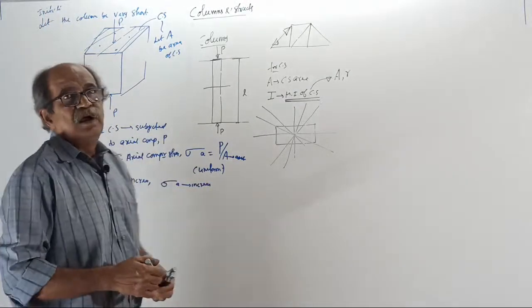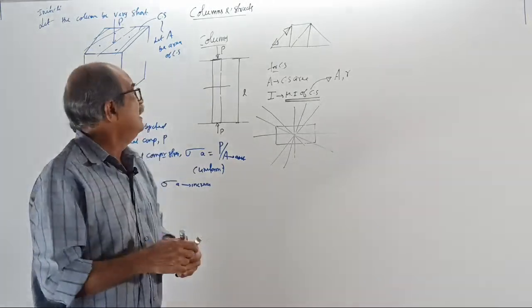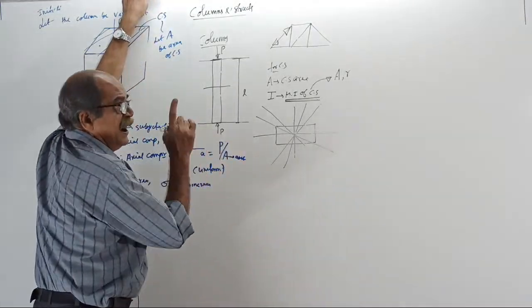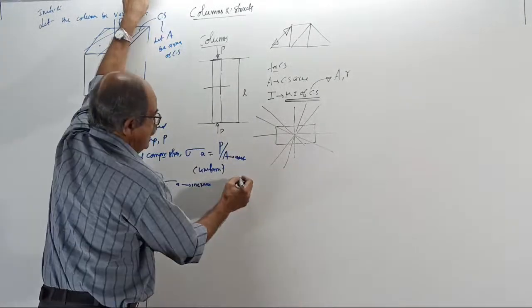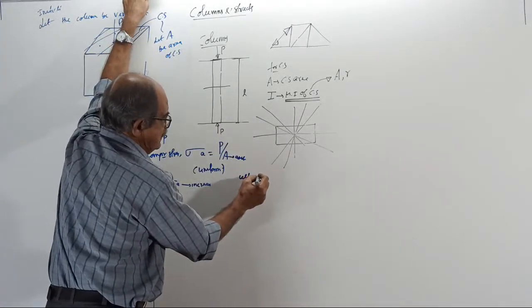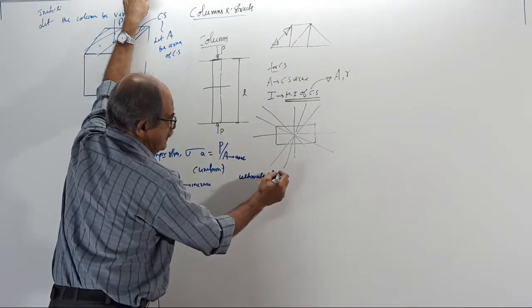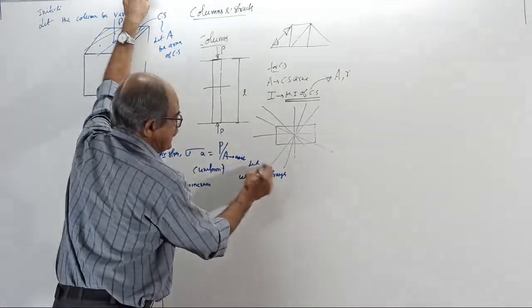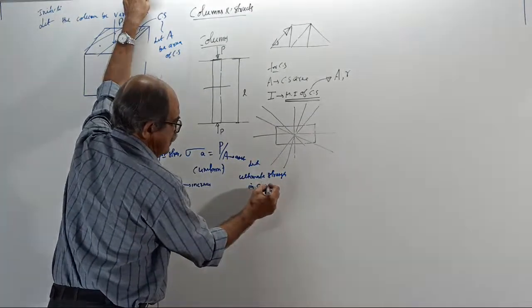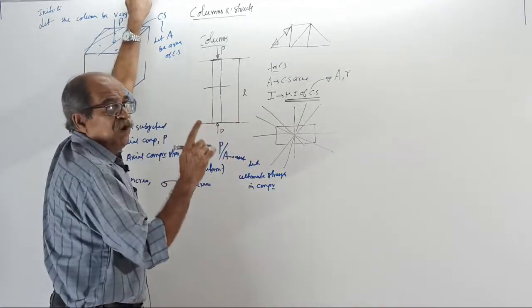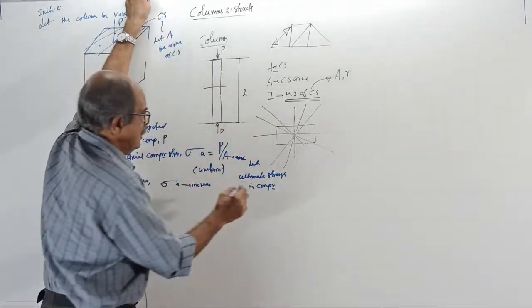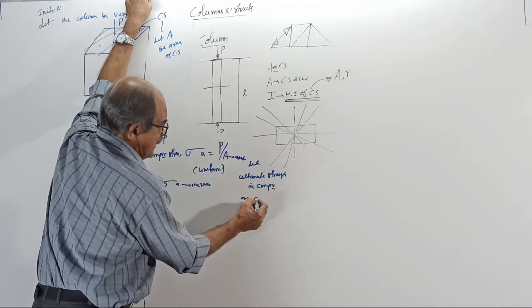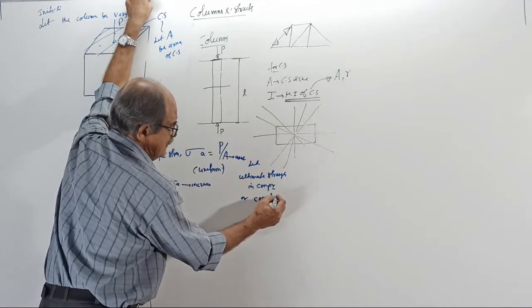Now, for every material there is a limit, an ultimate strength in compression. For a short member in pure compression, you can call it crushing stress.